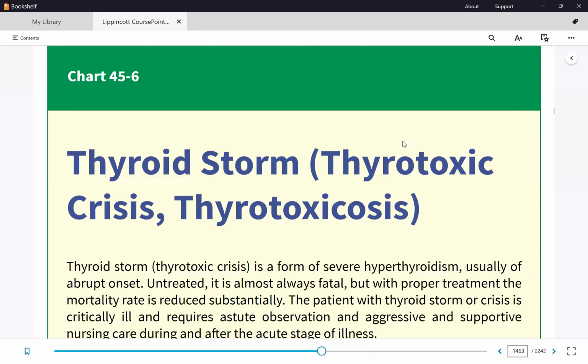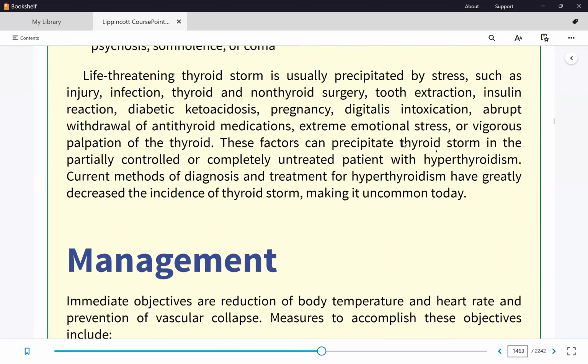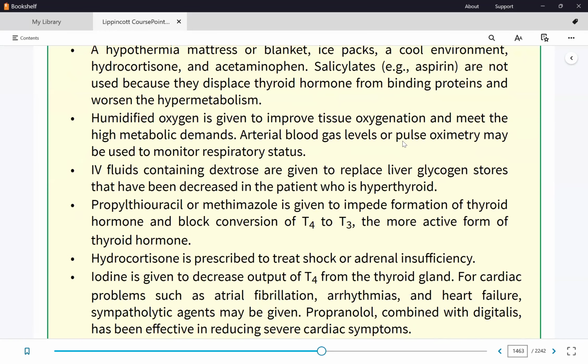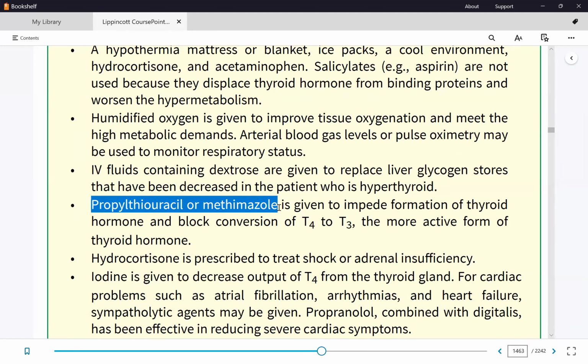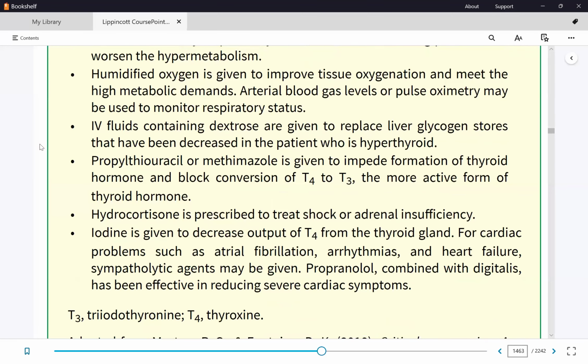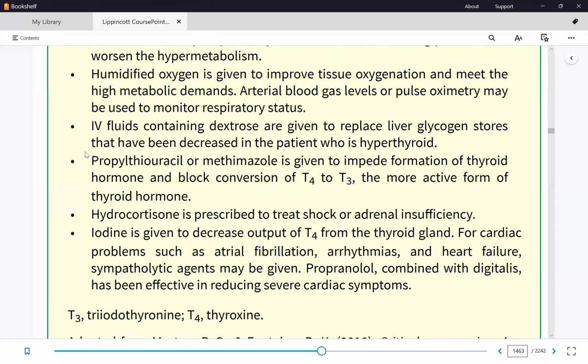So that's why you see in the chart 45-6, what did the order say? Did we give the iodine first or the PTU or methimazole first? What order is this? Which came first? Iodine or PTU or methimazole? PTU or methimazole first. And then iodine came here.